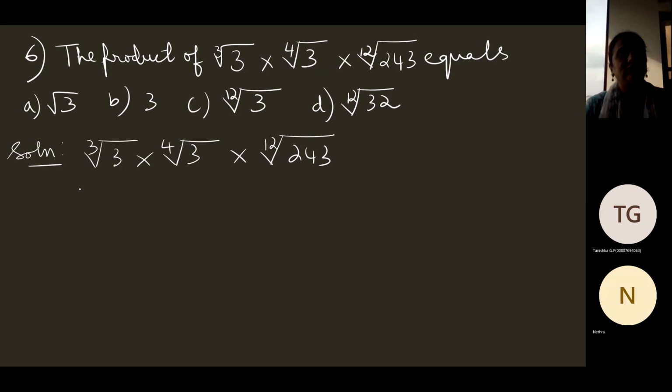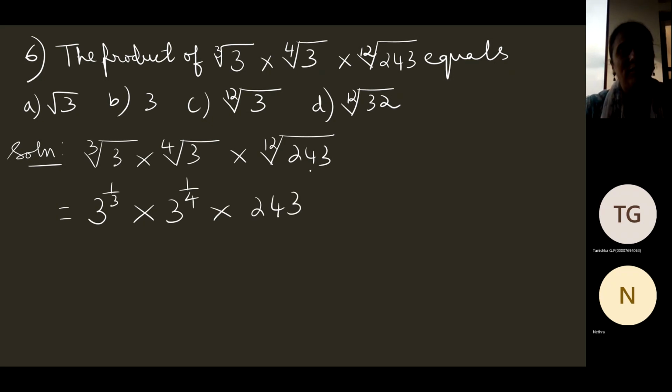So what we'll do is we'll write this in the exponential form so that we can use the rule: when bases are same and it's multiplication, we add the powers. So this will be 3 to the power 1 by 3 into 3 to the power 1 by 4 into 243 to the power 1 by 12.